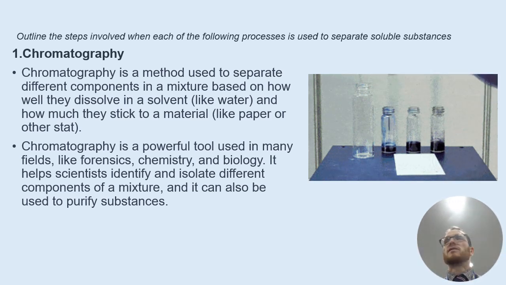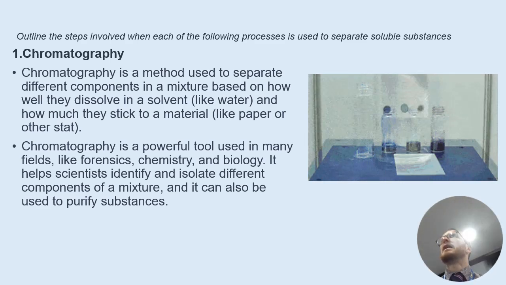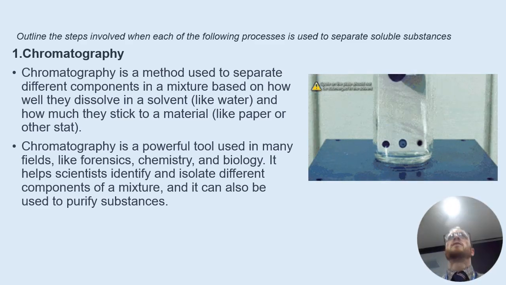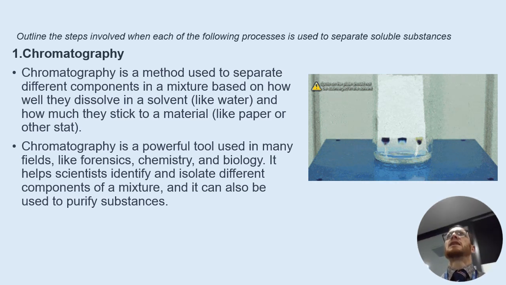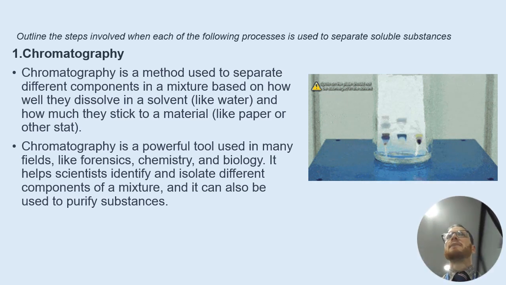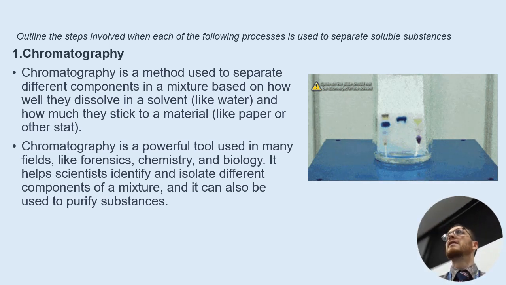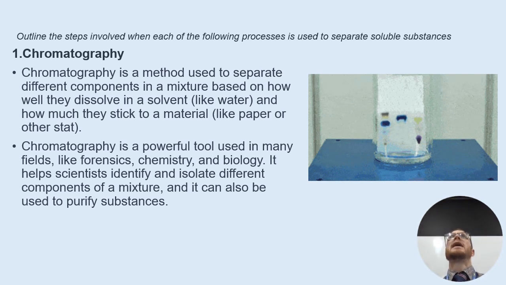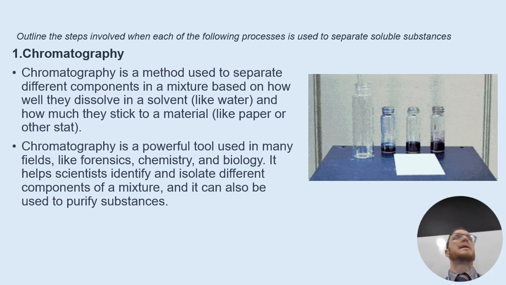When I've got a mixture of soluble substances, I can use something like paper. So if we look at this example, I've got different colored inks. Ink is a mixture of different dyes. And if I put that into a solution, say ethanol or water, it will separate out the components in that mixture.